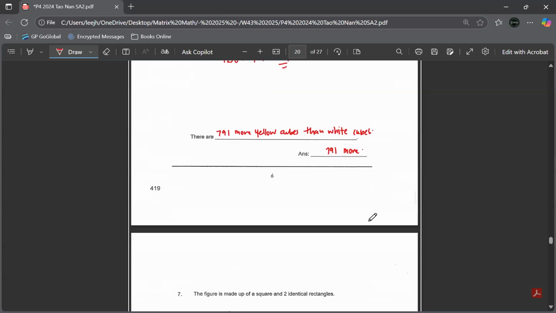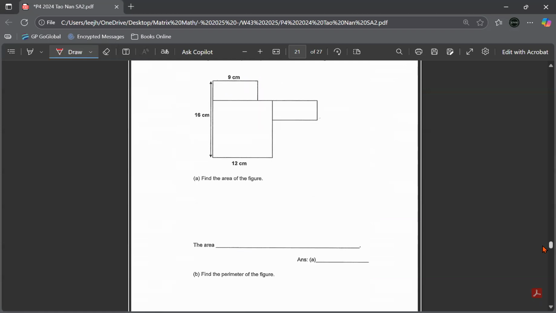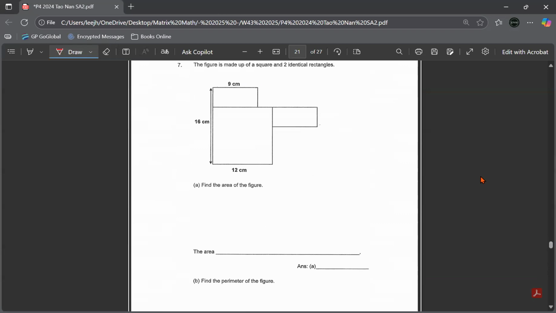Question number 7. The figure is made up of a square and two identical rectangles. So this is 16, the whole thing, this is 9. The square is 12 by 12. I want to know what is the area of the figure.